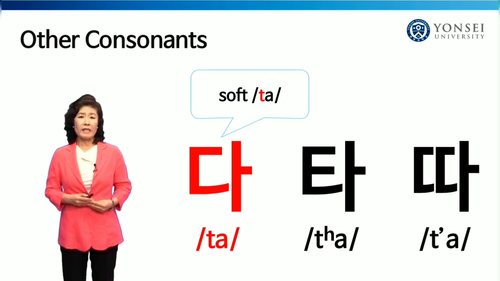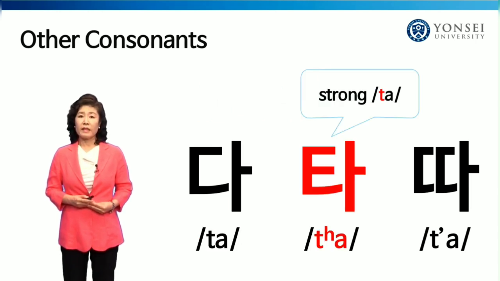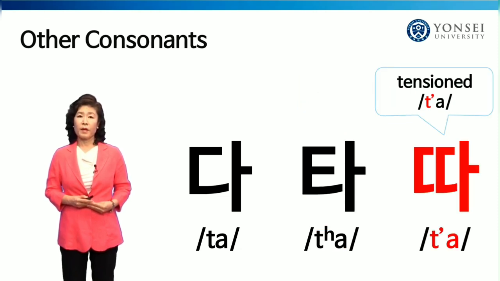Remember ta, it is not da or ta, but a soft T sound, ta. Ta is an aspirated sound, ta. While da is a tension sound, da.